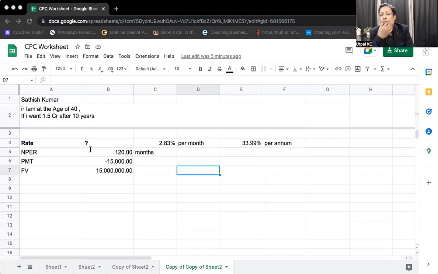Which one will I take? You are giving this or this, either the first or the second. Abhishek, tell me, which one will I take?